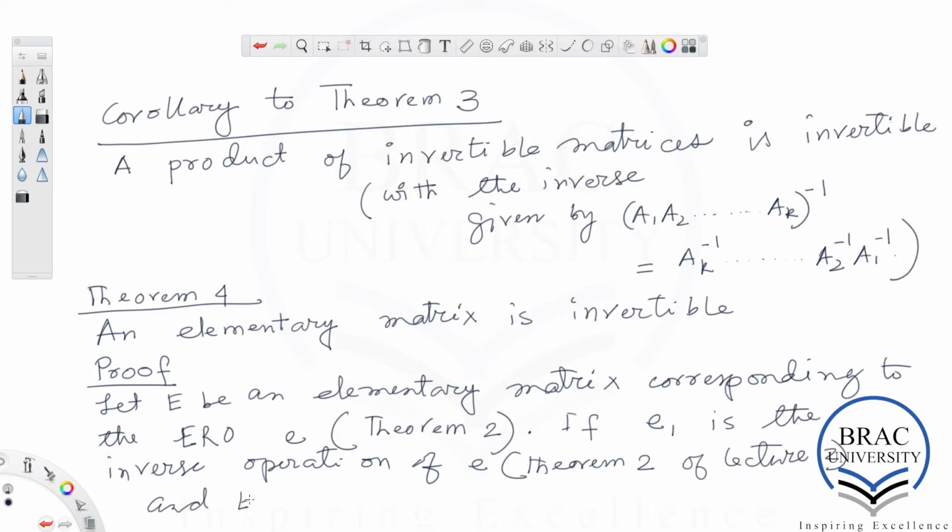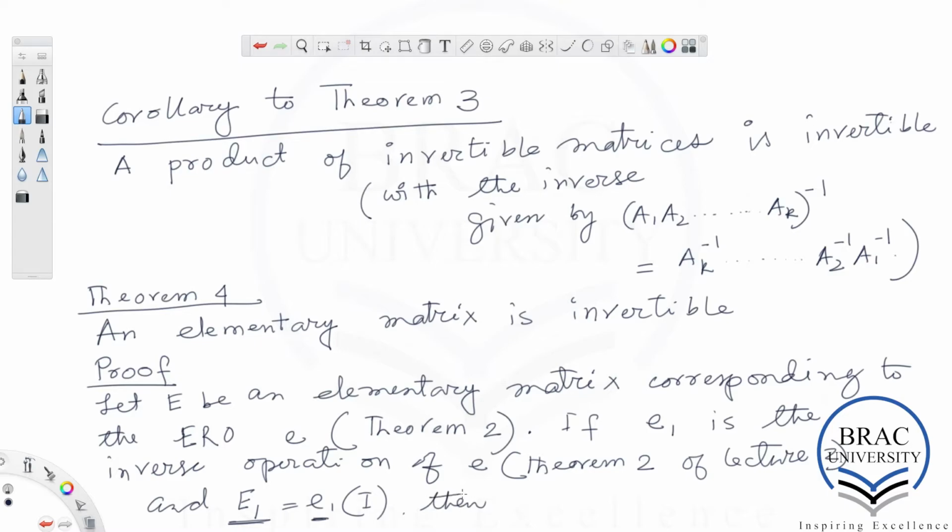and E sub 1 is equal to E1 of I, the inverse operation acting on the identity matrix, spits out this elementary matrix E sub 1.